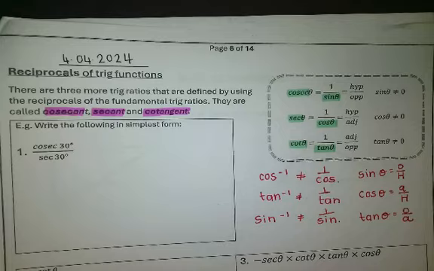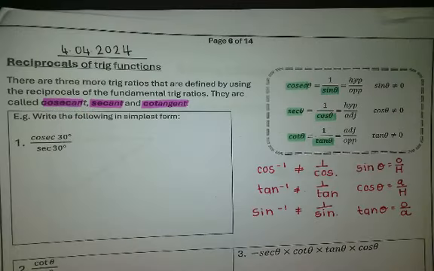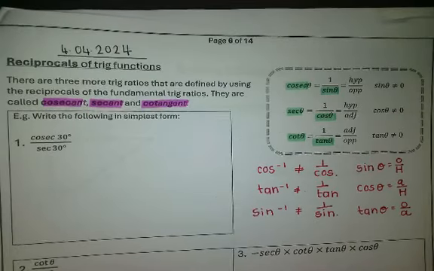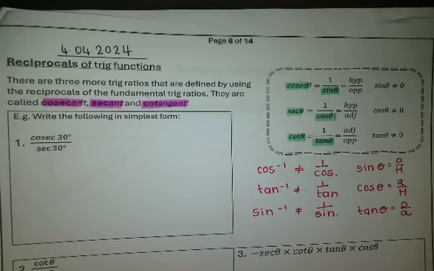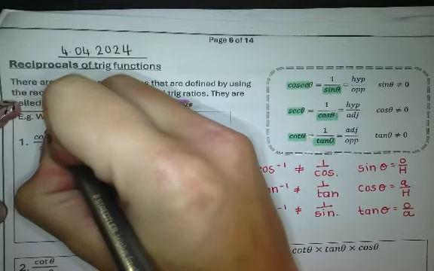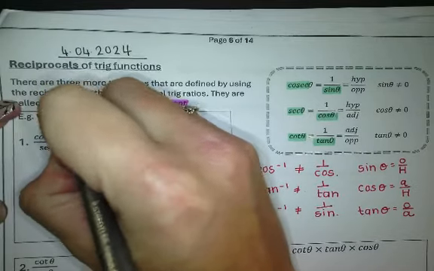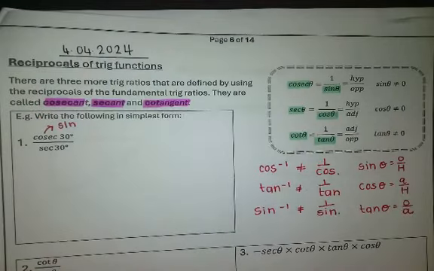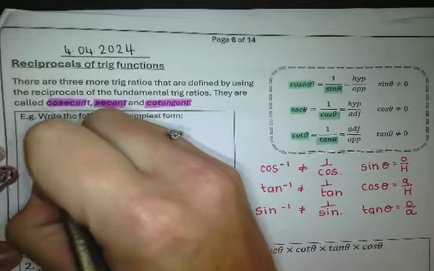Does that make sense? So that's what a reciprocal is. Cosec is the reciprocal for sin, and sec is the reciprocal for cos.